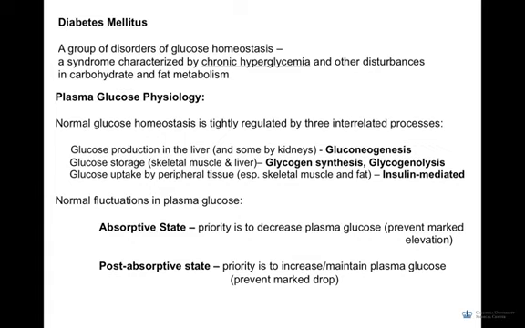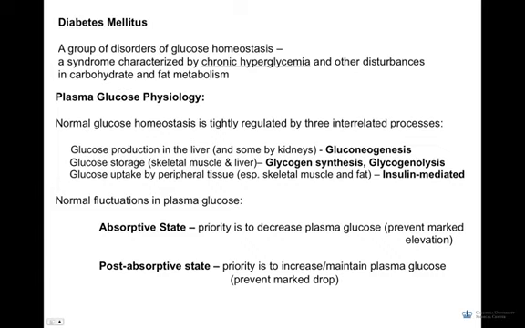So this maintenance of blood glucose is very important because we need to have blood glucose within a healthy range. If blood glucose levels were to get too high, hyperglycemic conditions are toxic for many, many tissue types.